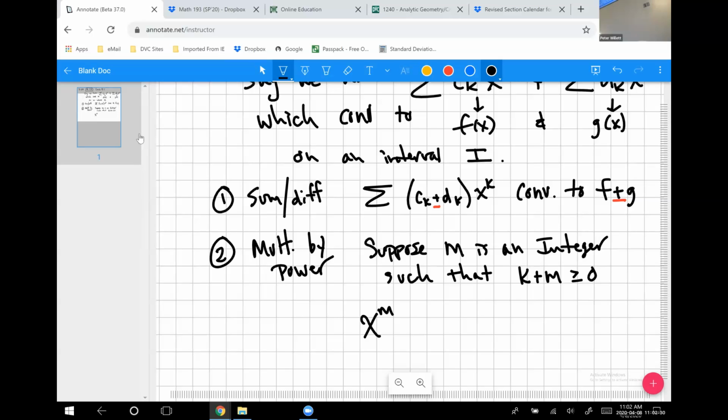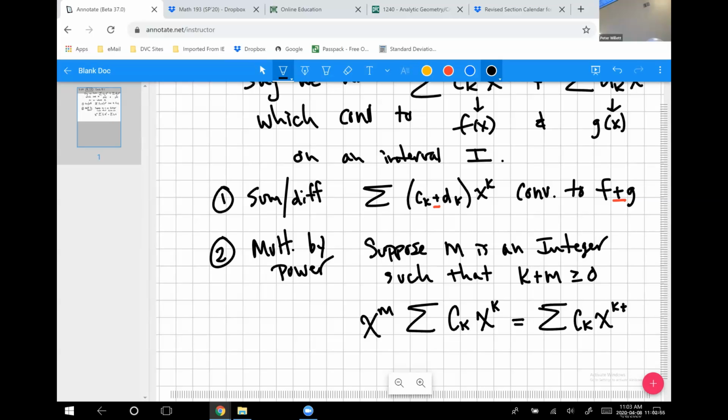And so then let's say you multiply this by the series we had up above, c sub k times x to the k. We would normally think you could just put this inside, and this would give you the series of c sub k x to the k plus m.